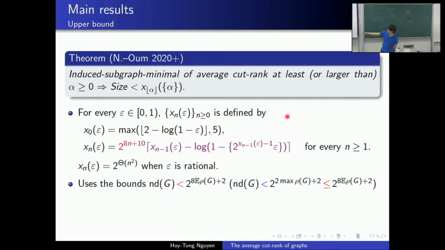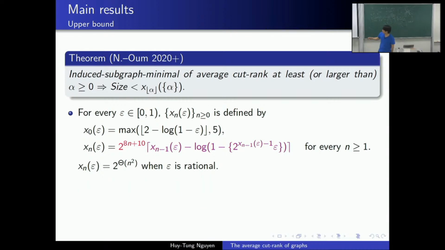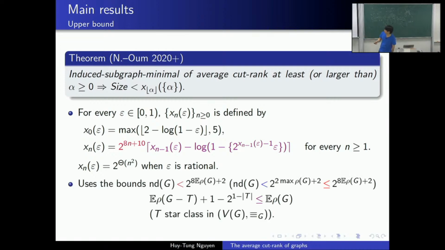And as you can see, there is a number 8 here and a number 8 here. The second comes from the bound that I also told you earlier. That is the bound with the T, where T is a class in this equivalence relation. Then this explains why we have 1 minus something here.